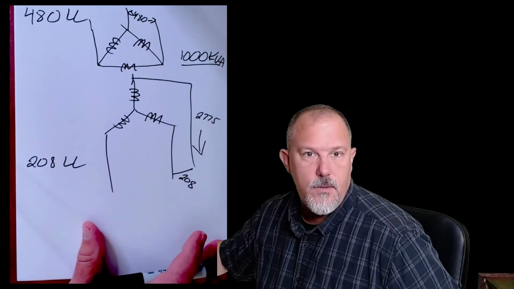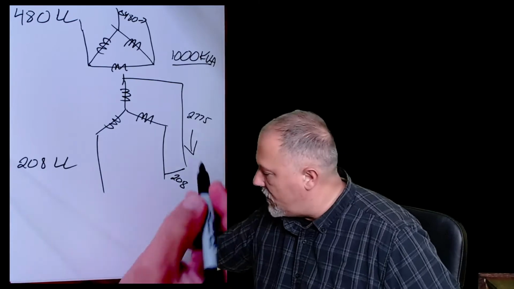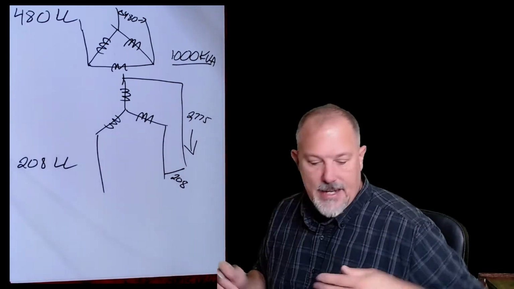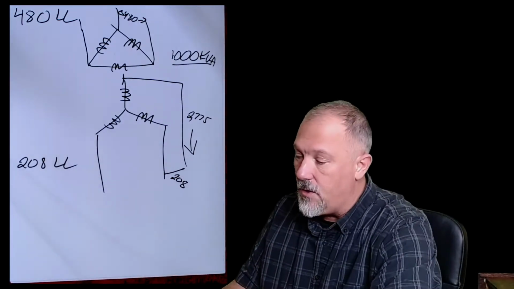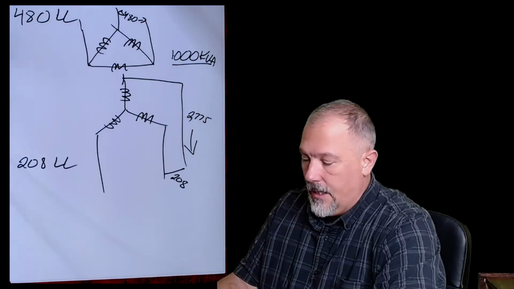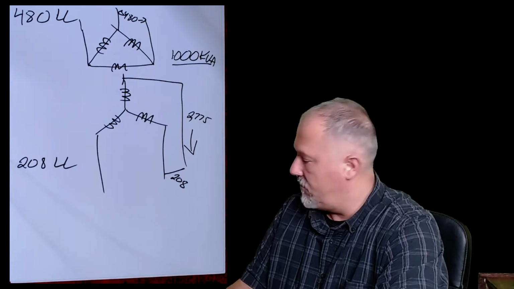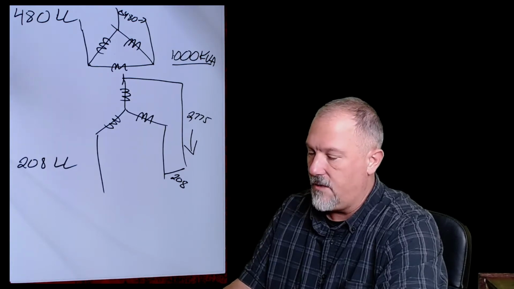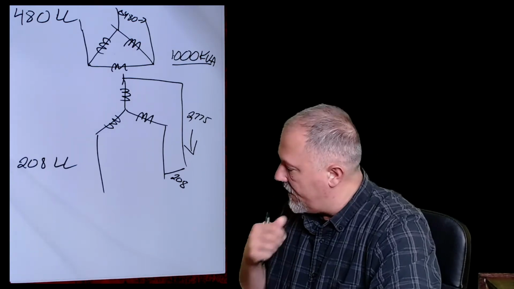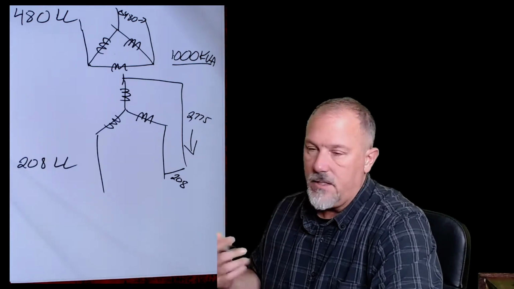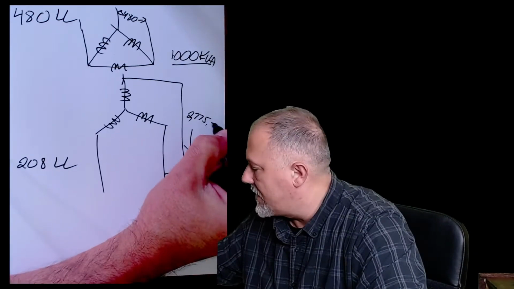All right, so we've got 2,775 amps on the secondary. Now, if I wanted to know what my primary full load amps was, let's just double check. 1,000 divided by 3, times square root of 3, divided by 0.208, is 2775.7.